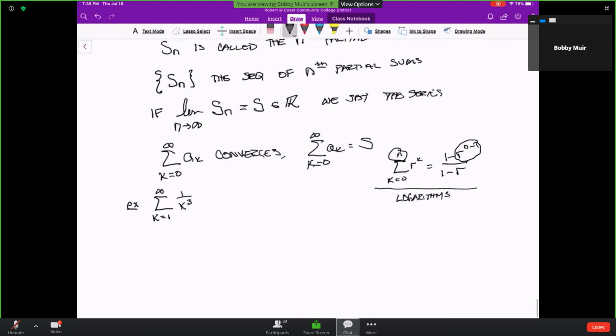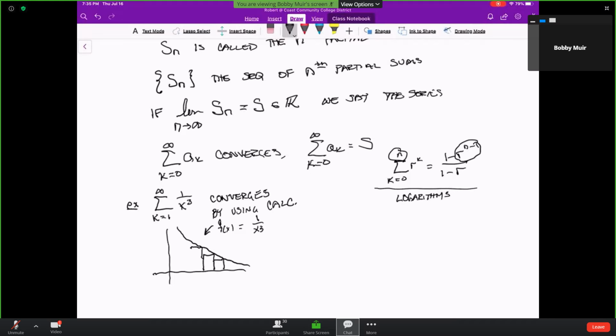Okay, so we know that this thing converges by using calculus, but we don't know what it converges to. Now, what we're going to do with that, just so you can kind of see, I'm going to take the function f of x equaling 1 over x cubed, and then I'm going to put a bunch of rectangles underneath it.